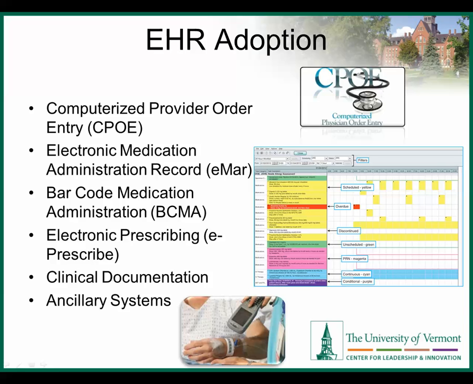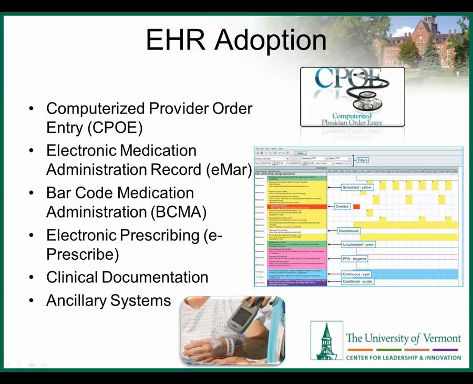When we look at electronic health record system adoption, we're looking at whether we also want to use computerized provider order entry or CPOE, the electronic medical administration record or the EMAR. Here we just call it the MAR. Barcode med administration, that means scanning the patient and scanning the medication, and that administration goes right into the electronic health record system.